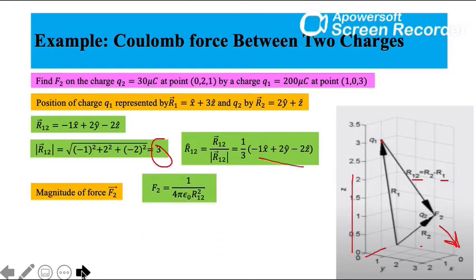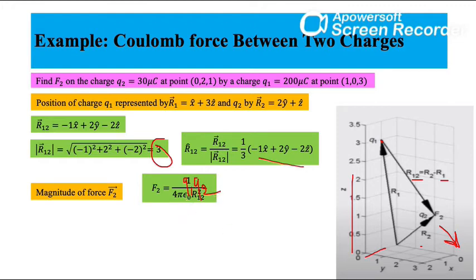For the magnitude of the force, we will use the formula obtained from Coulomb's law. For the magnitude it will have q1 and q2 also over here. So the magnitude of the vector is q1 into q2 over 4 pi epsilon naught r12 square.